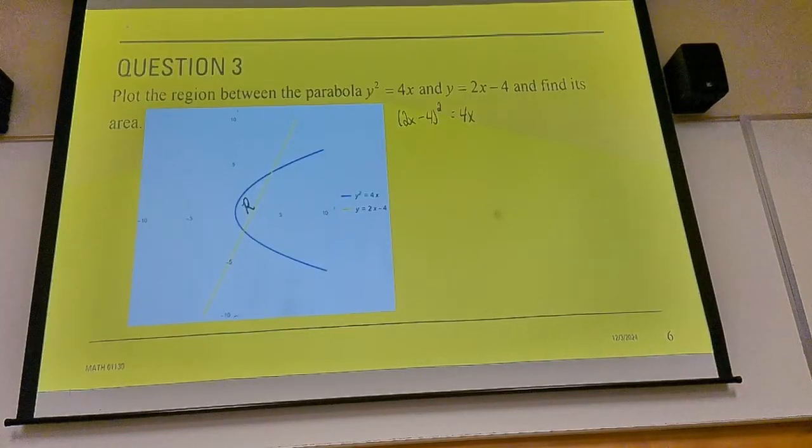So that gives you a quadratic. I'll let you verify it. You get 1 and 4.